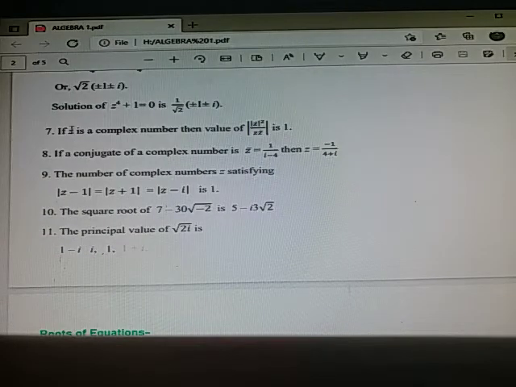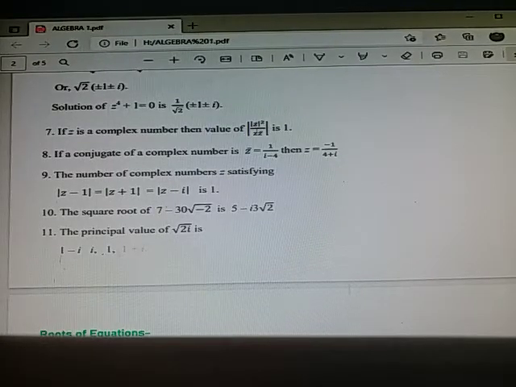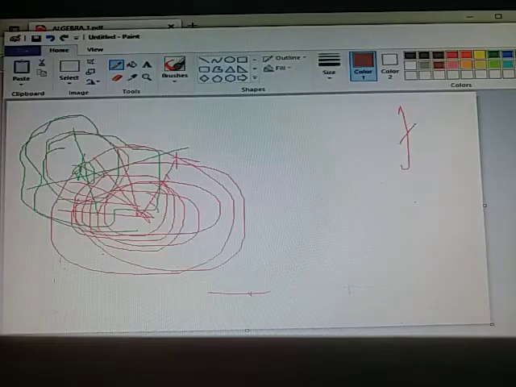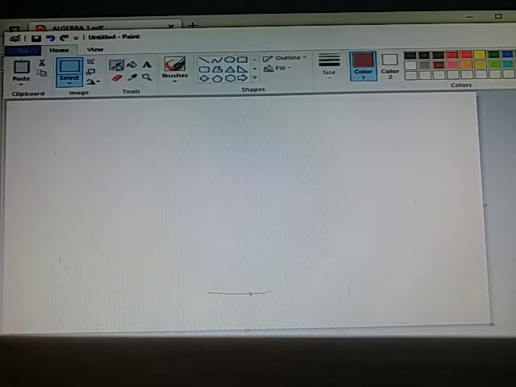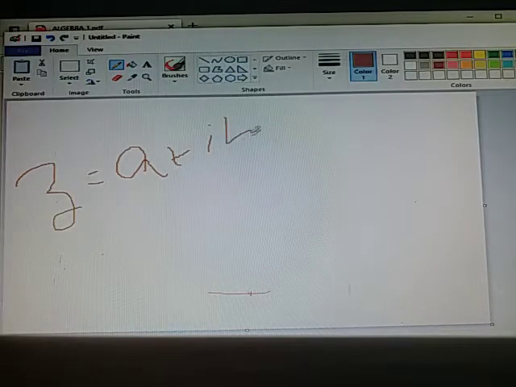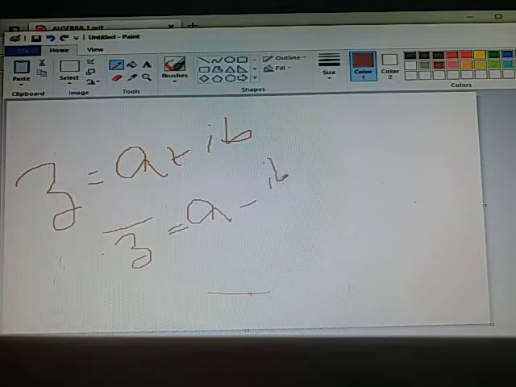So these are the De Moivre's theorem applications. Then this is another one from your exam paper. So this is z bar. So modulus of z bar and modulus of z are the same, and z into z bar is equal to mod z squared, because z is what? z is a plus ib, and z bar is the conjugate, a minus ib.